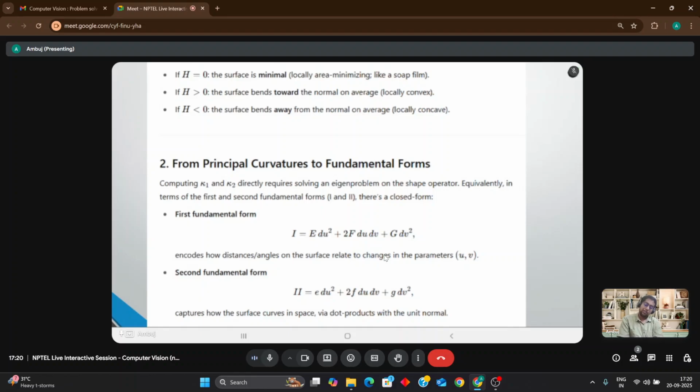It encodes how distances and angles on the surface relate to changes in the parameters u, v. The second fundamental form is e du square plus 2f du dv plus g dv square. It captures how the surface curves in space via dot products with the normal.